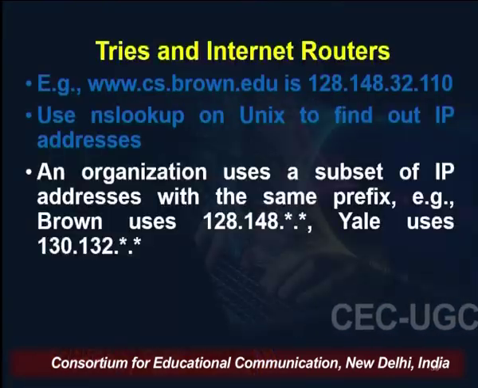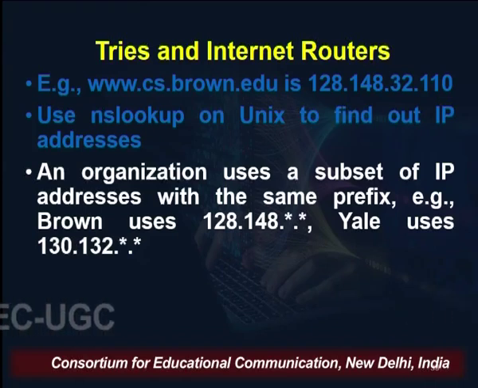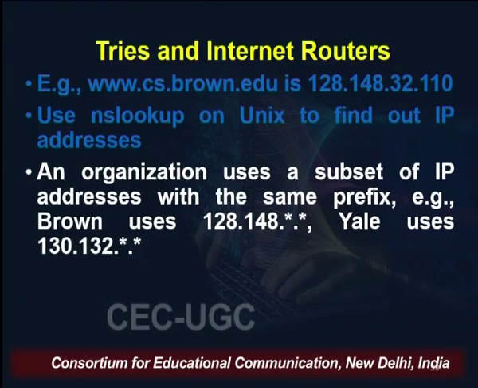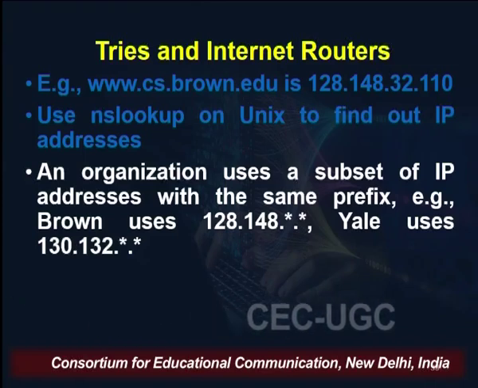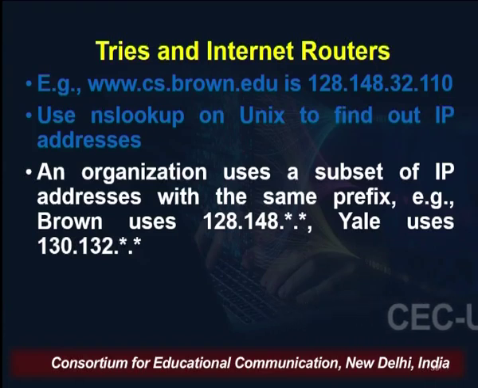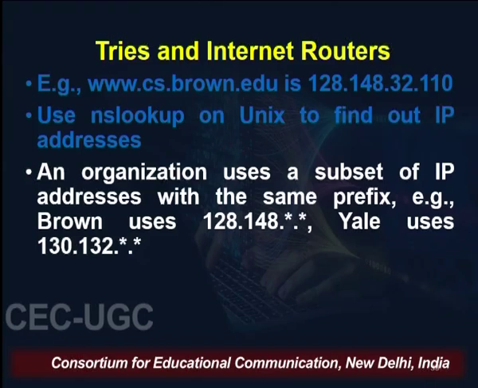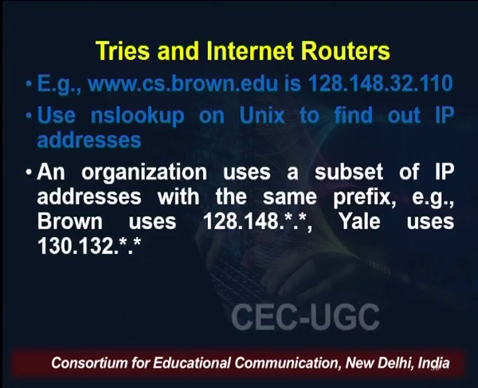For example, brown.edu or iit.ac.in have a quad structure separated by dots, and the NSLOOKUP command on Unix is used to find out IP addresses, and an organization uses a subset of IP addresses with the same prefix.